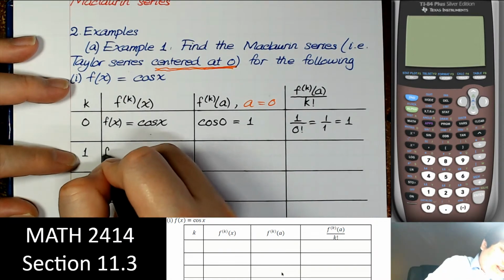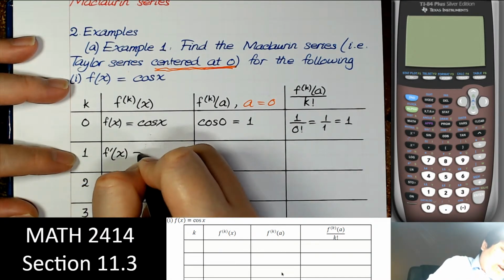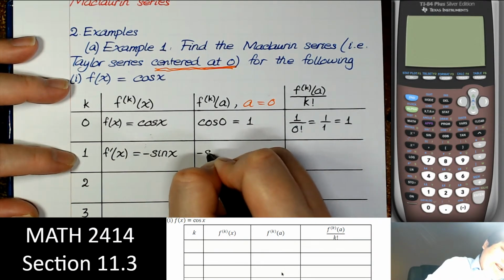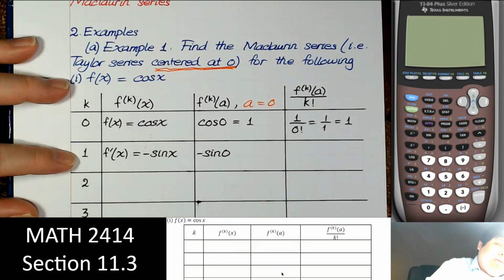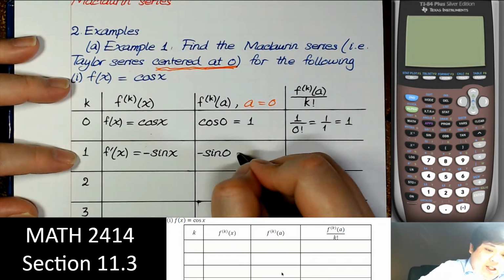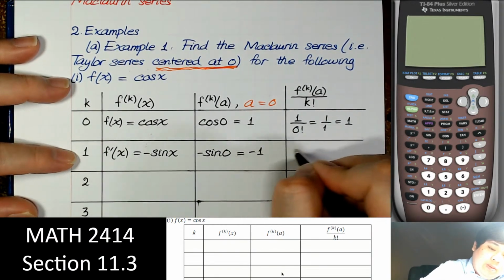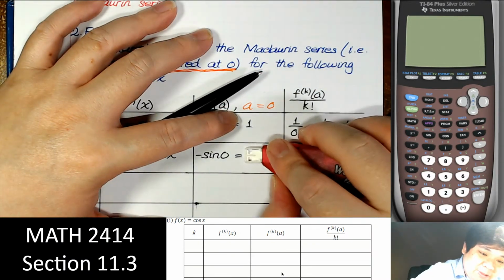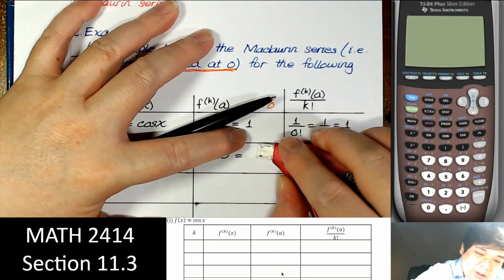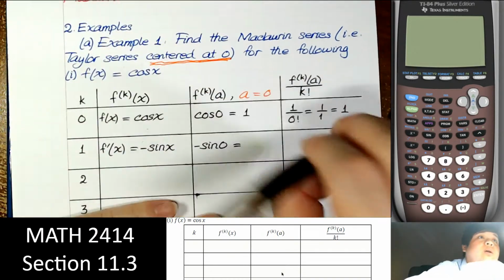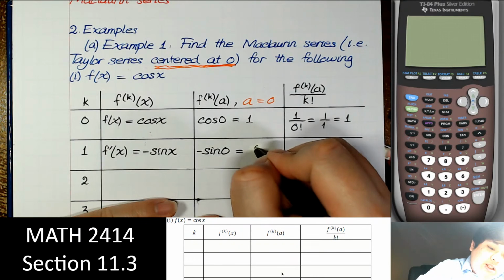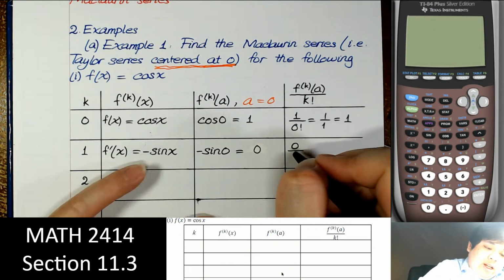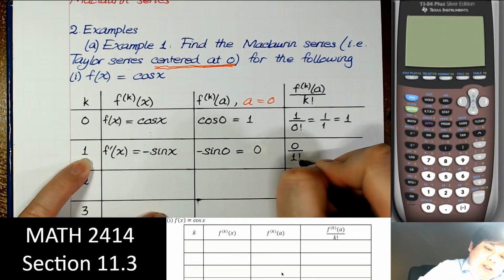Next we take the derivative. The derivative of cosine is negative sine, and then we put 0 in for x. Sine of 0 is 0, so this remains 0, over factorial of that.